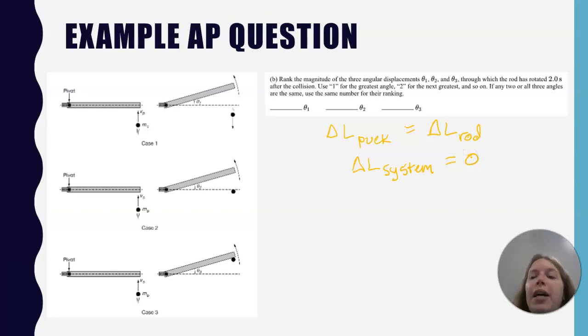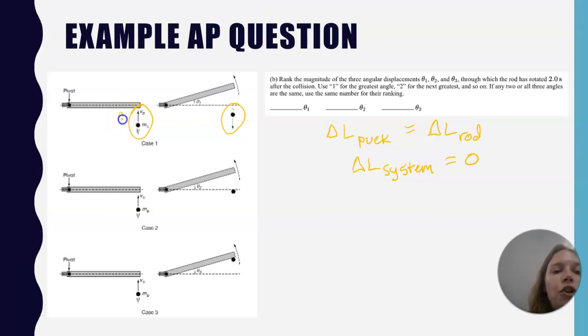So each of the objects needs to experience the same change in angular momentum, just like each of the objects experience the same force in the interaction. So that's Newton's third law. The puck is going to undergo a greater change in its momentum, either linear or angular, because it has undergone a greater change in velocity.